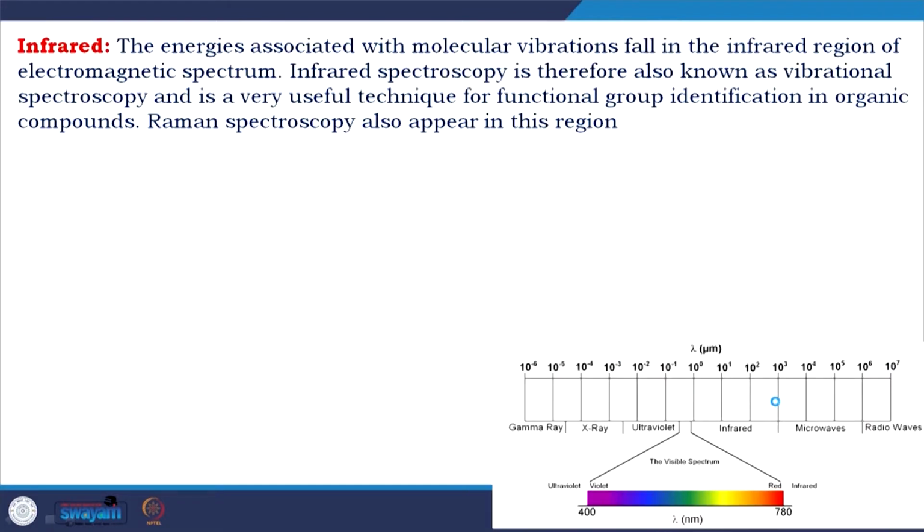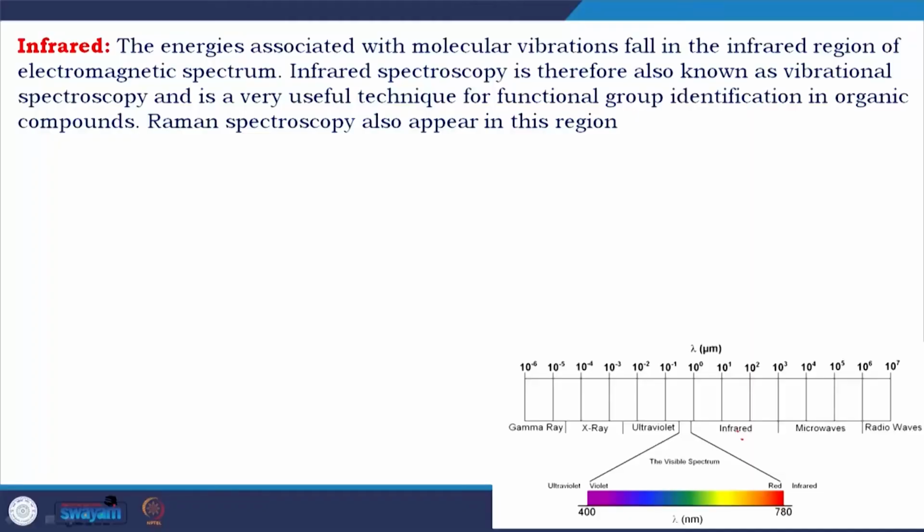Coming to infrared, the energies associated with molecular vibration fall in the infrared region of electromagnetic spectrum. Infrared spectroscopy is therefore also known as vibrational spectroscopy, because it is working with the vibrational level of the atom, it operates there.